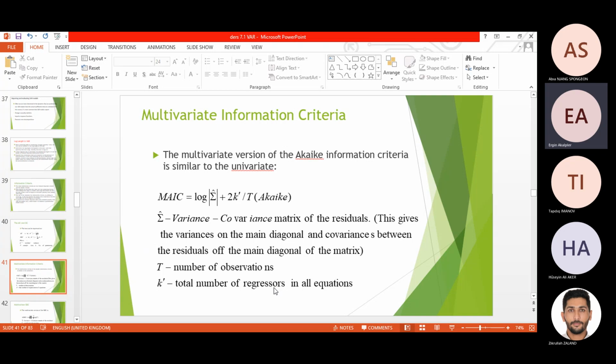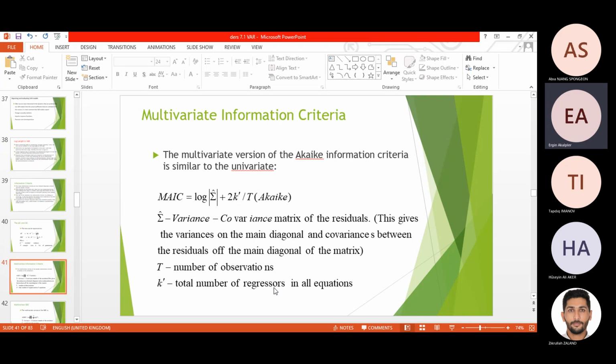The multivariate variation of the Akaike information criterion is similar to the univariate, as it is given here, the log of the determinant of sigma. The covariance matrix of the residuals is represented with sigma.